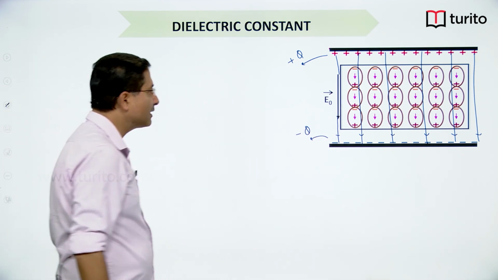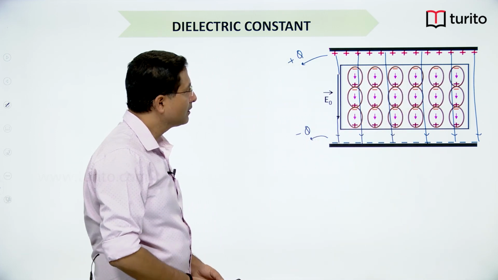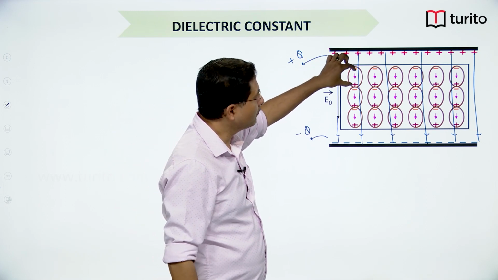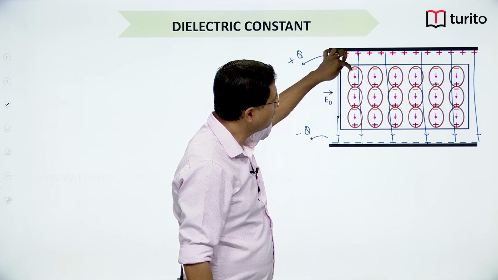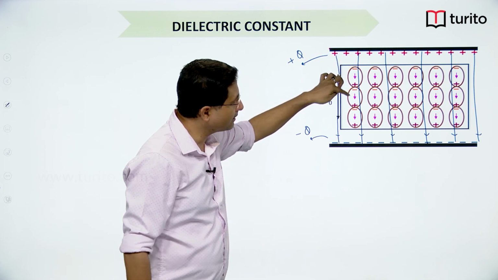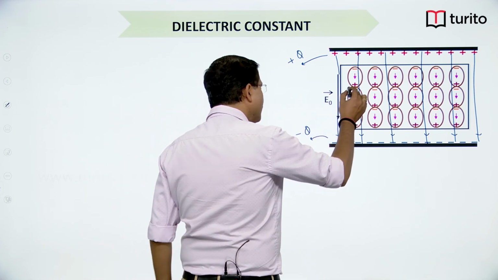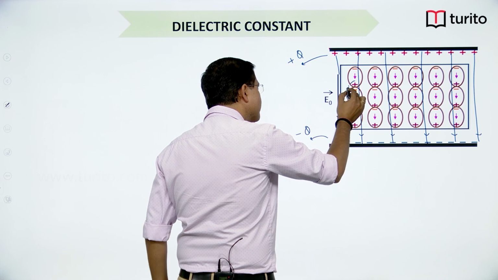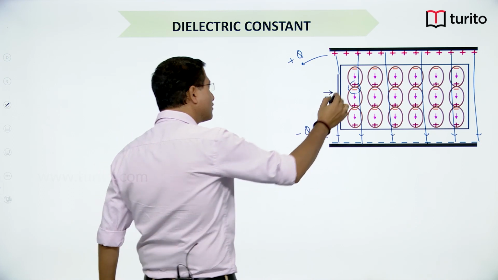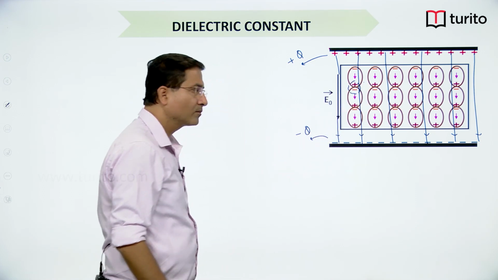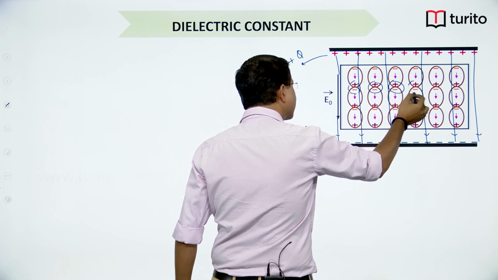Now, as you can see, all dipoles align themselves along the direction of the field. So, this will be negative, this will be positive, similarly this negative, this positive, this way, right. If I just look at this part, for a far away point or large distance, the effect of these two will cancel each other. Similarly, the effect of these two will cancel each other, and these two will get cancelled.